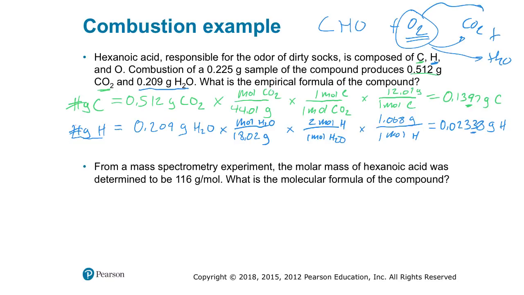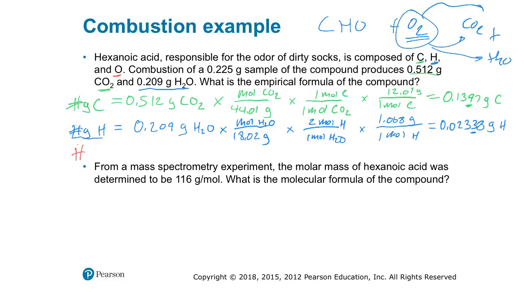Okay, now, we're not exactly solving our problem yet. We're getting closer, but we still need to do a couple of steps. The mass of oxygen, let's change colors. So the grams of oxygen, we're going to go by difference. We figure out how much of our sample is carbon, approximately 0.140 grams of carbon, 0.0234 grams are hydrogen, the rest is oxygen.